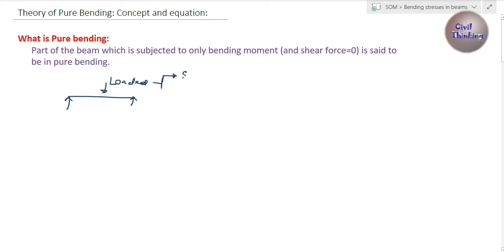One is shear force and another is bending moments, right? Now these shear forces and bending moments, they both try to bend the beam.